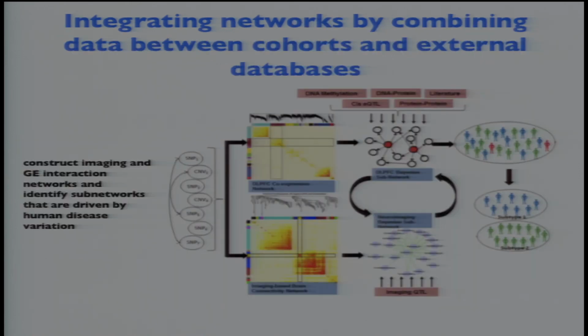So the path forward, I think, is to construct a whole variety of gene expression and imaging networks that are then tempered by an increasingly evolved understanding of what the genetic underpinnings are.